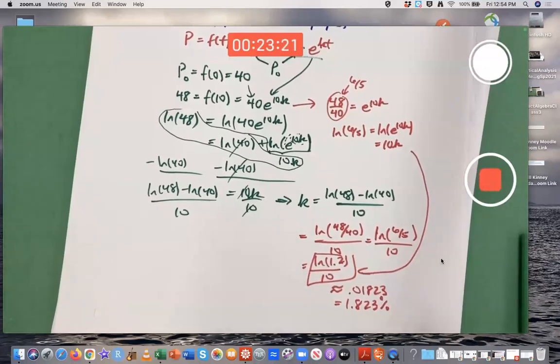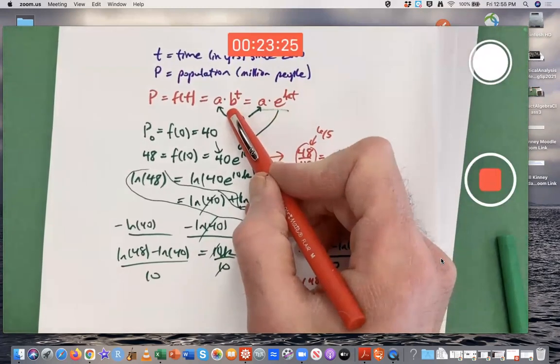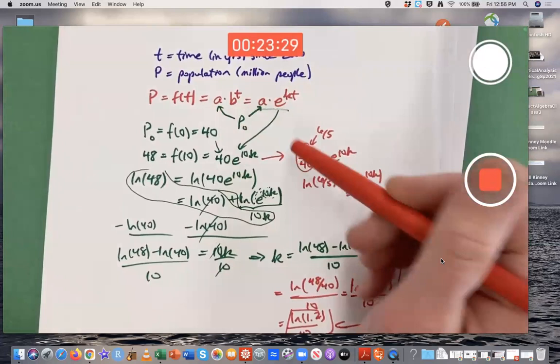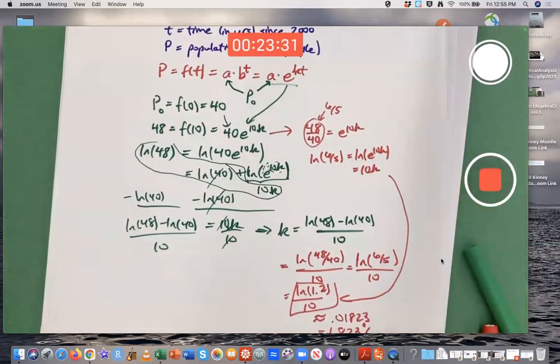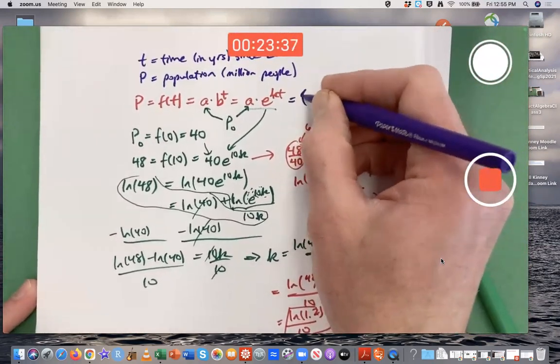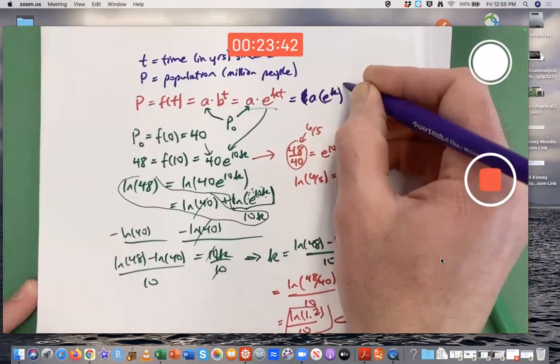Before we solve for the doubling time, let's also figure out this form of the answer. The a is the same. It's still P sub 0. The b will be different. The b can be found, though, because by a property of exponents, this thing is equal to a times e to the k, quantity to the t.